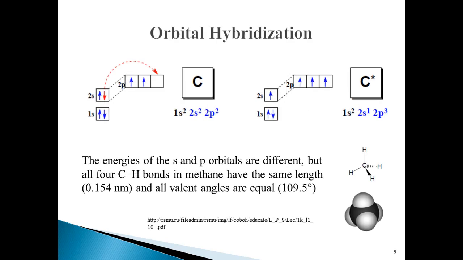Orbital hybridization. It is known that the electronic structure of the unexcited carbon atom can be expressed by the formula 1s2, 2s2, 2p2. It has two paired s electrons with opposite spins in the second outer electronic shell and only two unpaired p electrons that can participate in the formation of covalent bonds.